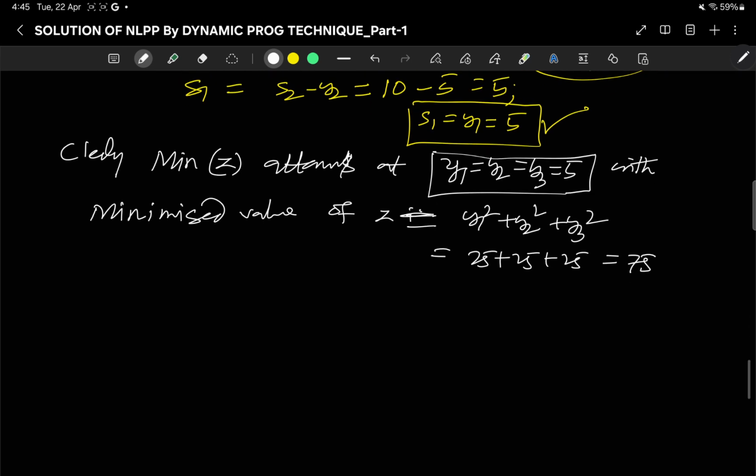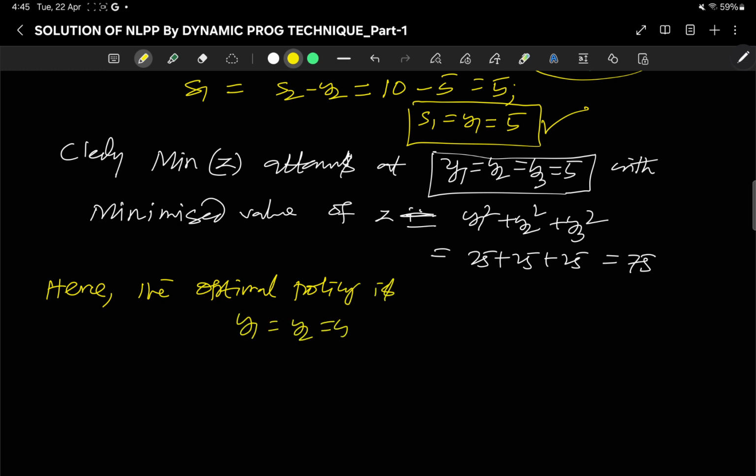Hence the optimal policy is y1 equal to y2 equal to y3 equal to 5, with minimized z equal to 75. So this is your answer.